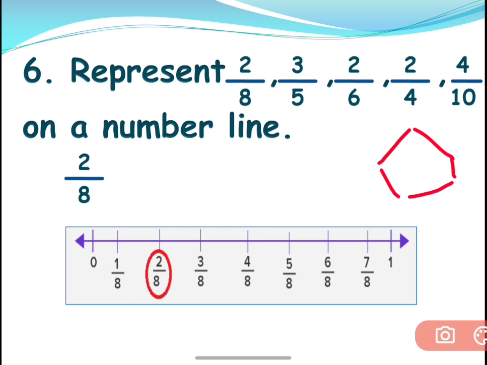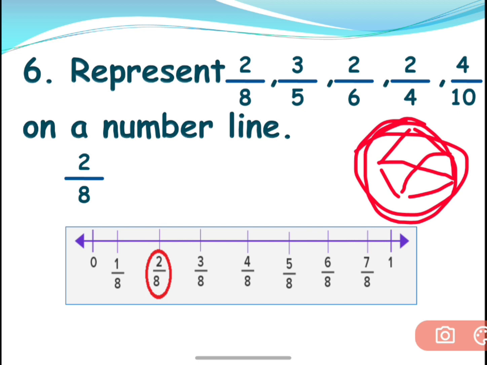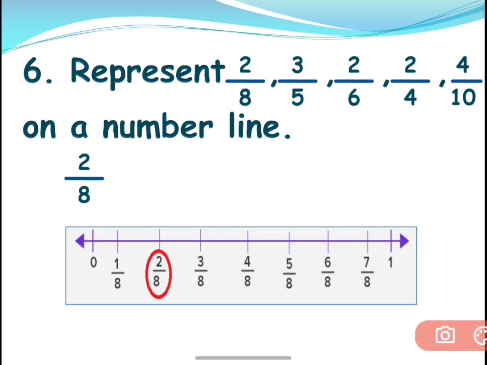Here I have made a pentagon. From this I have made how many parts? 4 parts. First, actually this is a shape. So this whole shape is 1. In that I am making parts, isn't it? That's why we will draw the number line from 0 to 1. In that we will make the parts, so here from 0 to 1 in between we are making the parts to represent the given fractions.